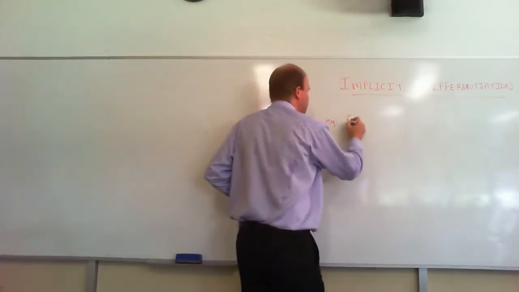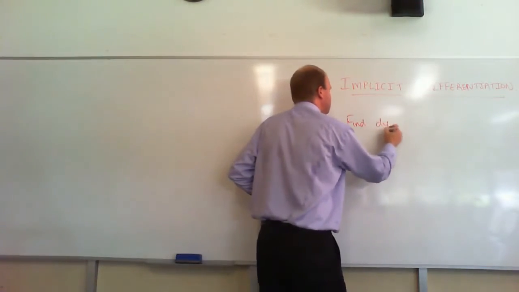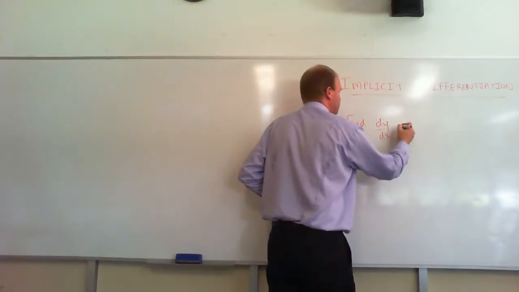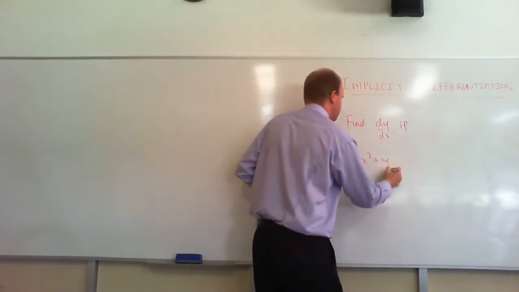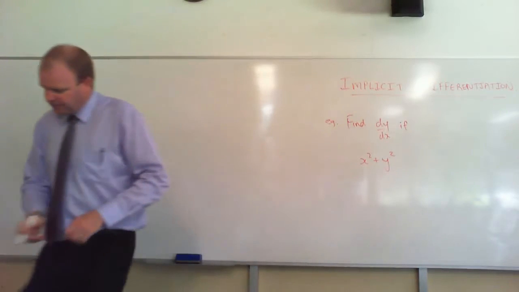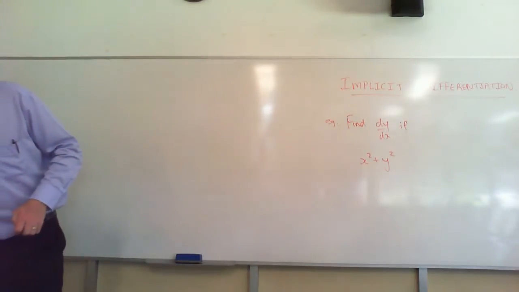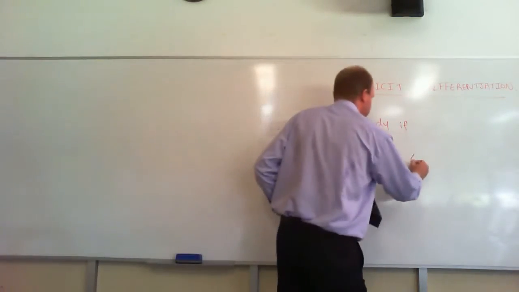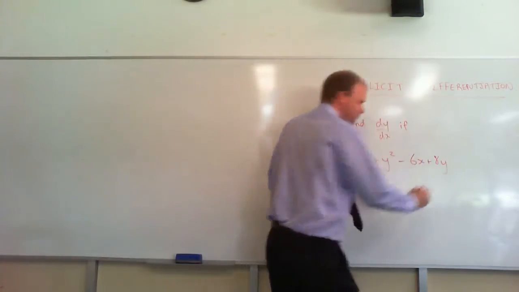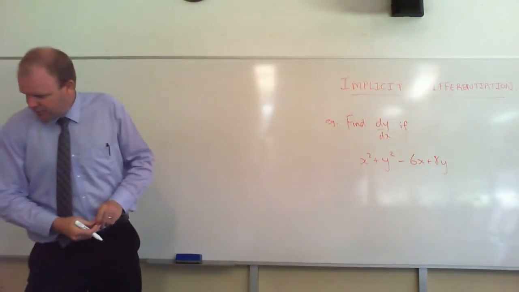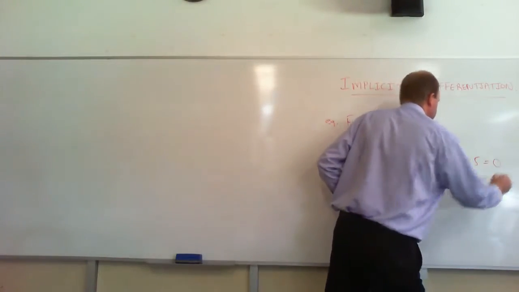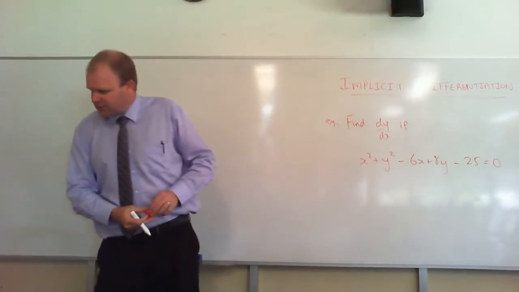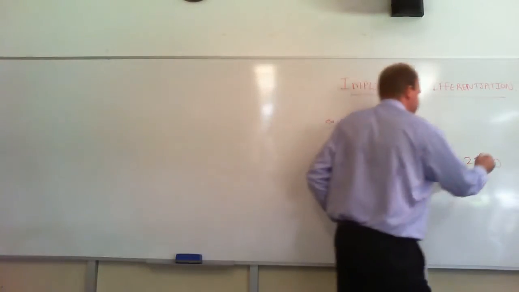Okay, find dy dx if x squared plus y squared minus 6x plus 8y minus 25 equals 0 at the point negative 2, 1.